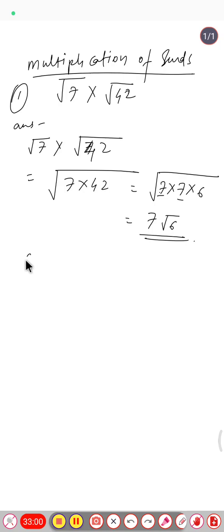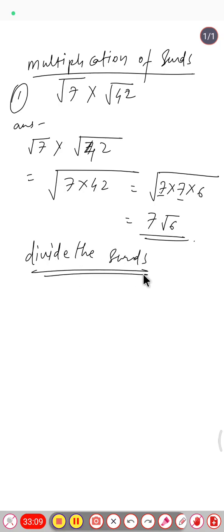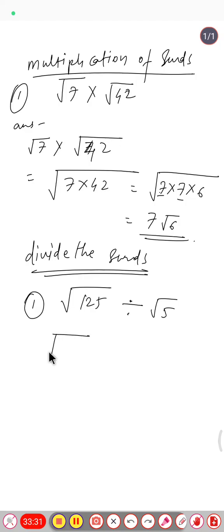Now the fourth one is dividing the surds. Here we take the first one, root of 125 divided by root 5. Here it's the same thing we are doing: root 125 upon root 5.